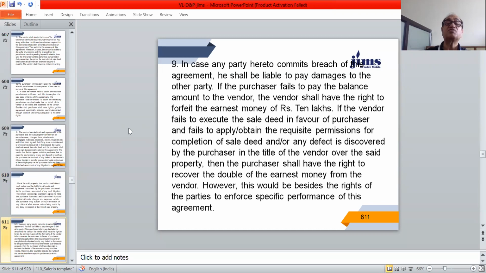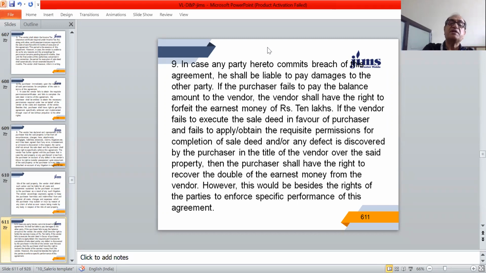And if the vendor fails to execute the sale deed in favor of purchaser and fails to apply or obtain the requisite permissions for completion of sale deed, or any defect is discovered by the purchaser in the title of the vendor over the said property, then purchaser shall have the right to recover double the amount of earnest money from the vendor. However, this would be besides the rights of the parties to enforce specific performance of this contract.